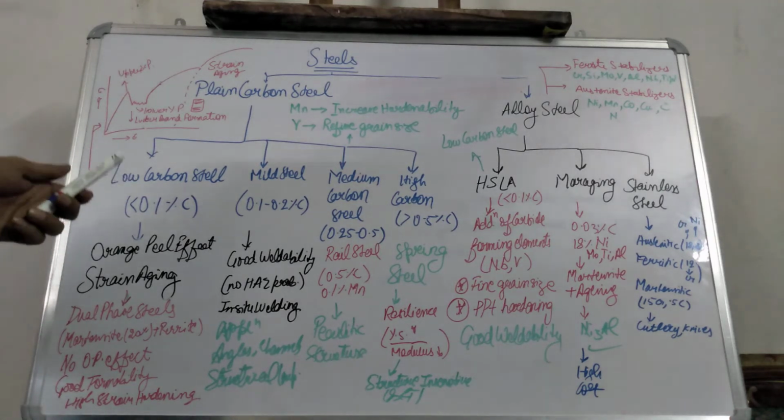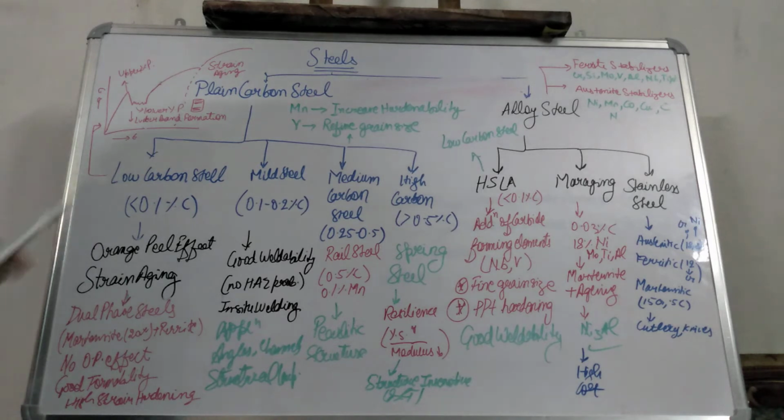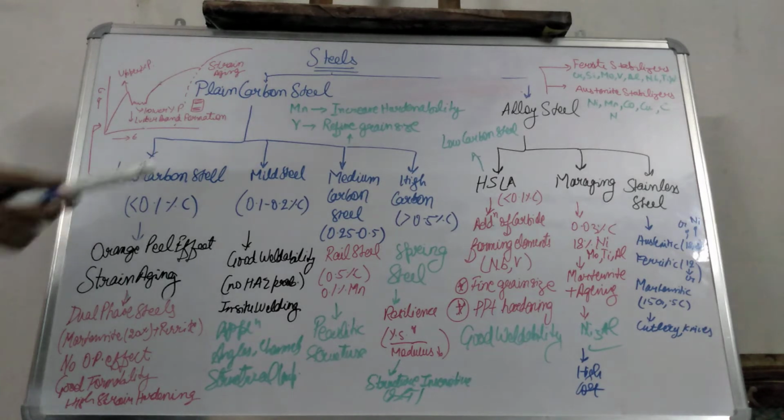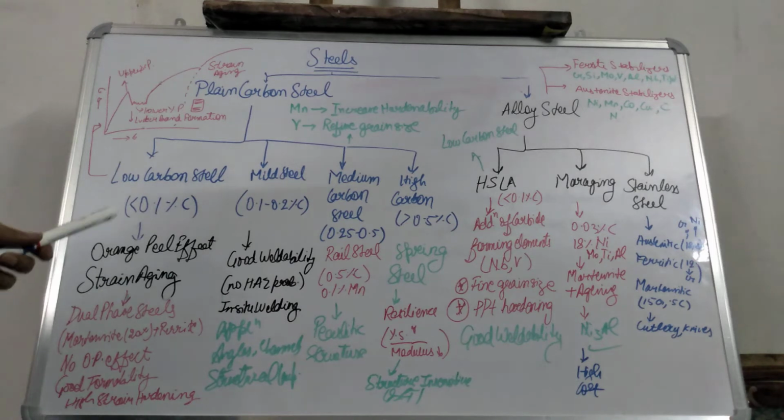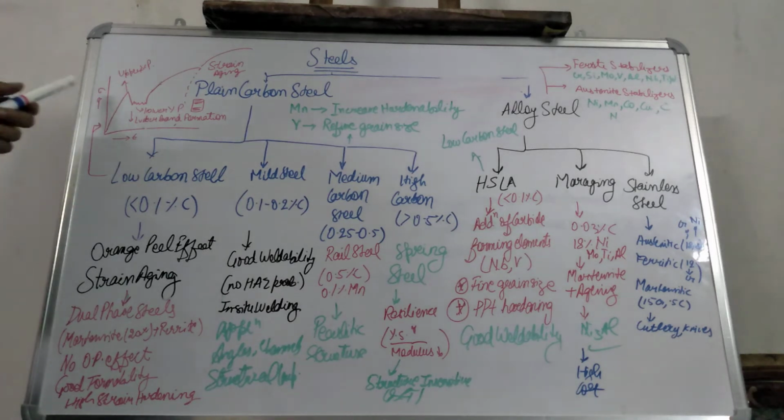The steels which have a carbon content less than 0.1% are usually classified as low carbon steel. If you look at the stress strain curve from the mechanical behavior point of view for the low carbon steel, we see Luder band formation.